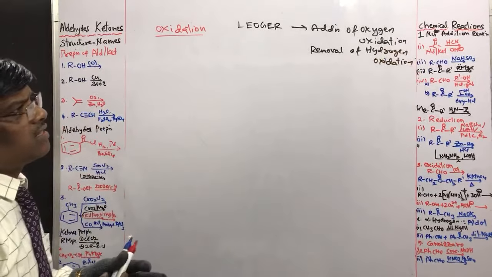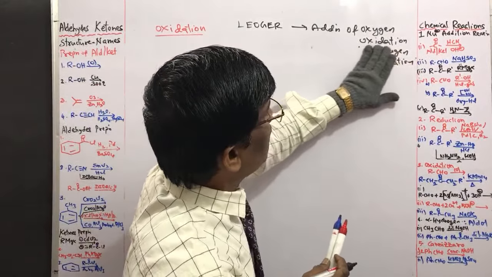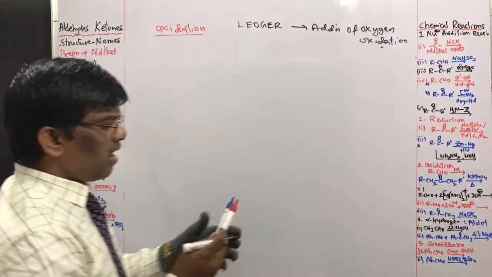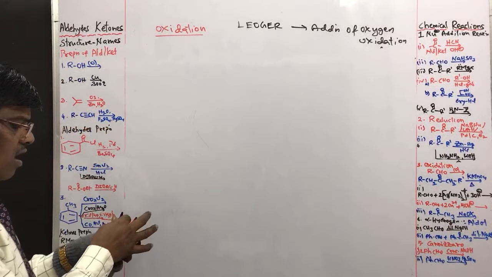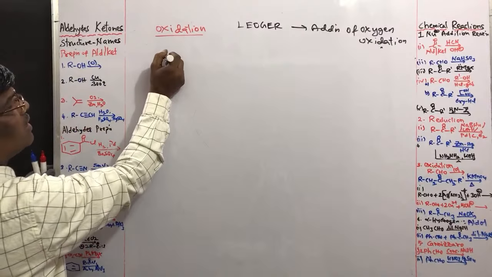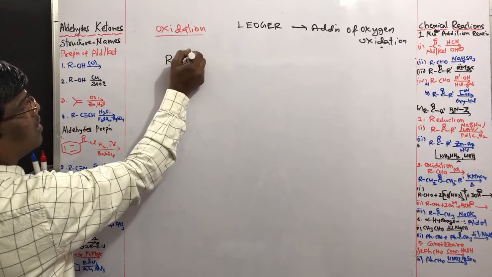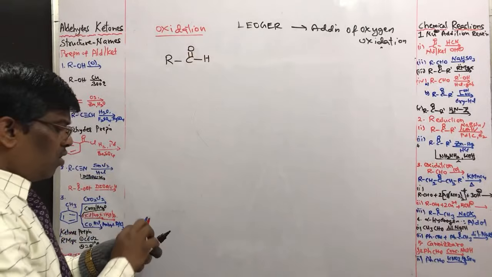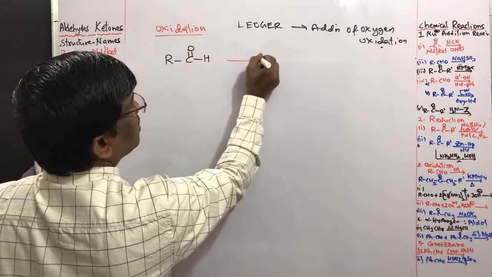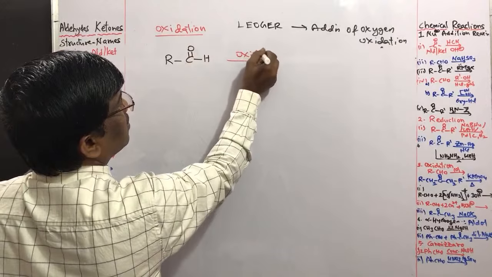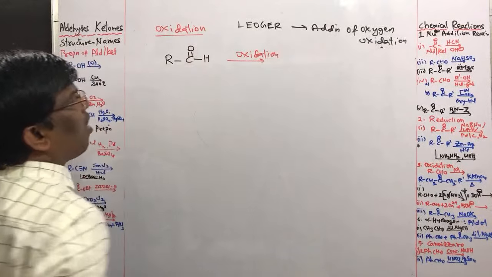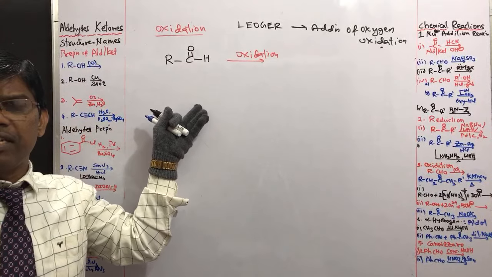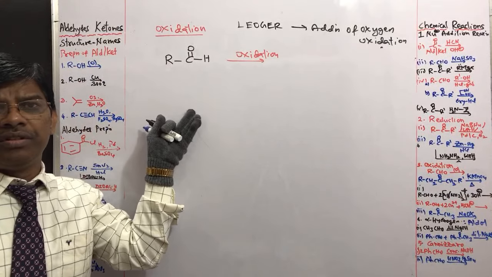Yes, so let us stick to addition of oxygen is oxidation. So aldehydes or ketones already have one oxygen. When I do the oxidation of this aldehyde, aldehydes easily undergo oxidation reactions when compared to ketones.